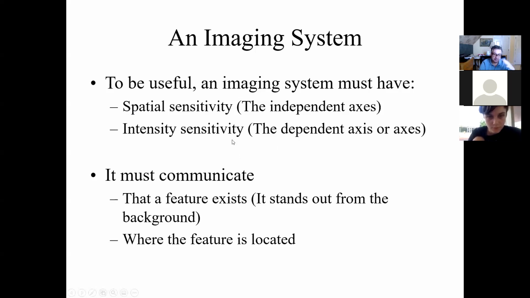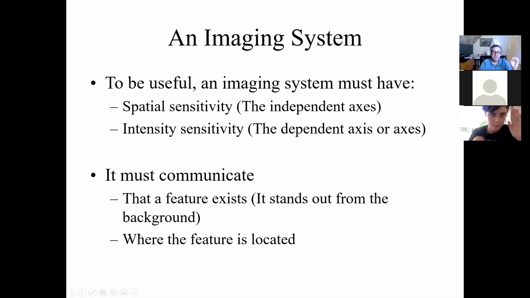Another way of expressing that is to say, to be useful, an imaging system has to be able to communicate that a feature exists, that it's different from the background. If an imaging system can't show that the intensity of the thing we want to see is different than the thing that surrounds it, it's not useful, because you can't see it.